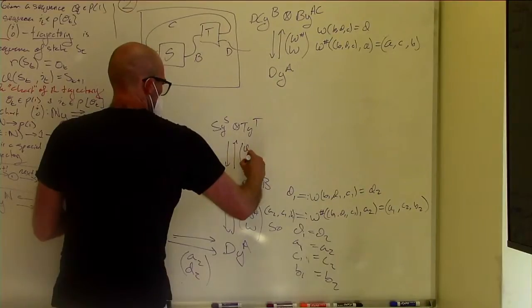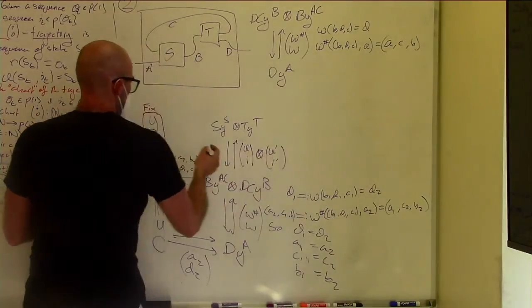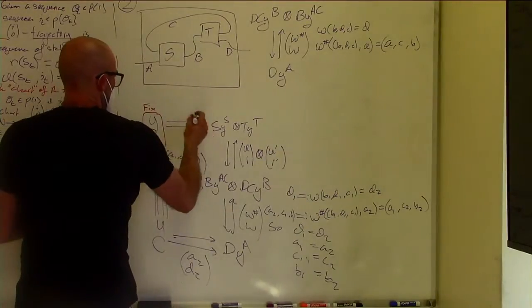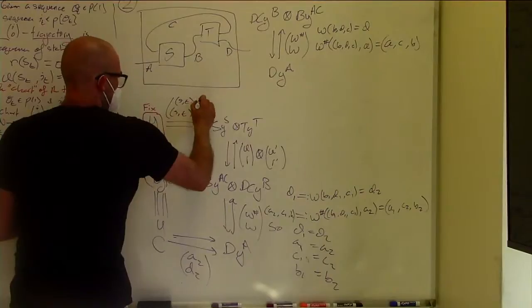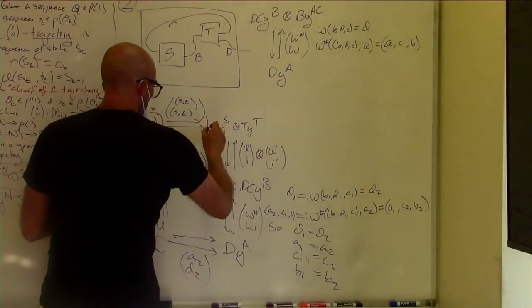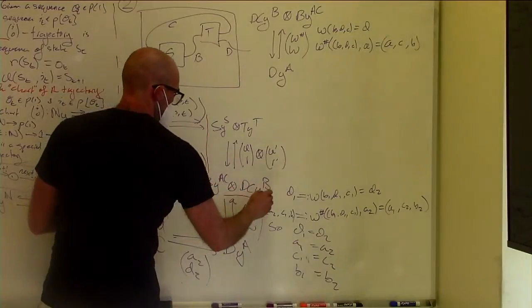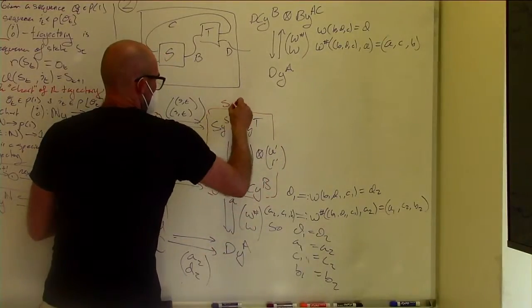And this is U R tensor U prime R prime. And let's say I have something here, which I call S comma T. So this thing here is S tensor T.